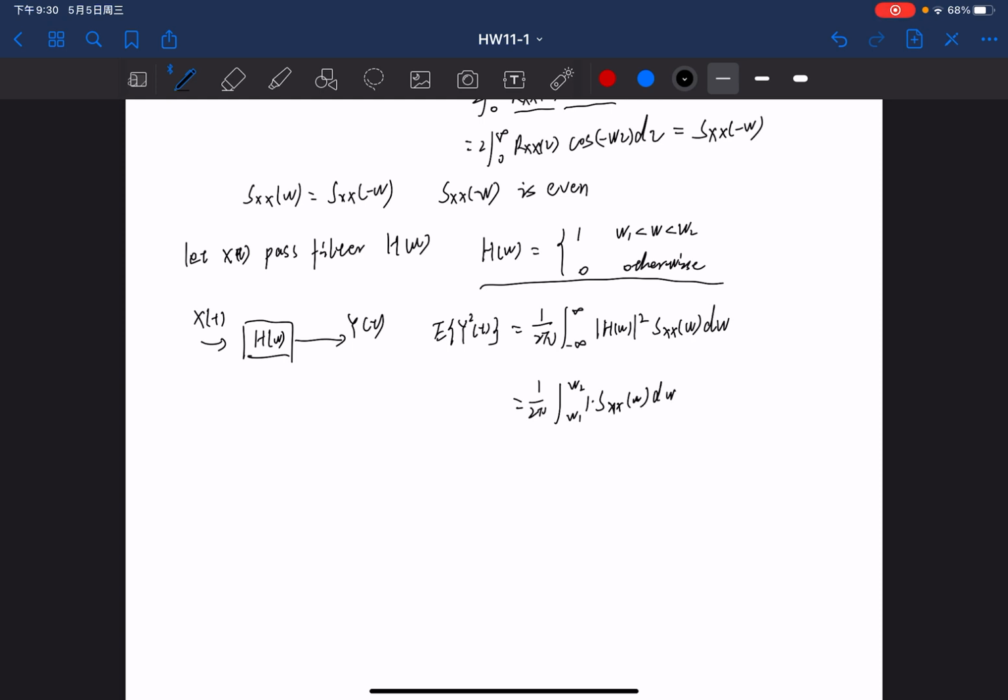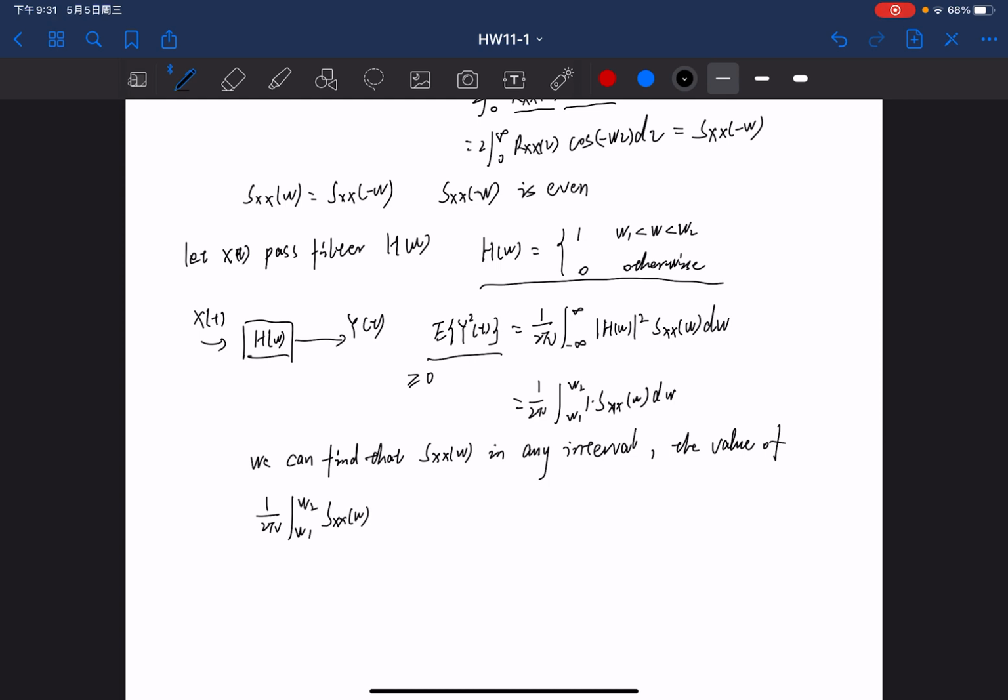And then, because this part is larger than or equal to 0, we can find that S_xx(omega) in any interval, the value of 1 divided by 2 pi times the integral from omega 1 to omega 2 of S_xx(omega) d omega is non-negative.